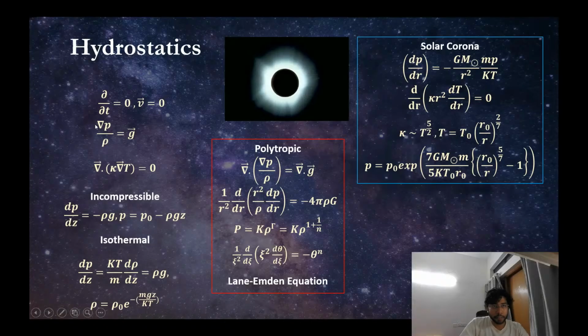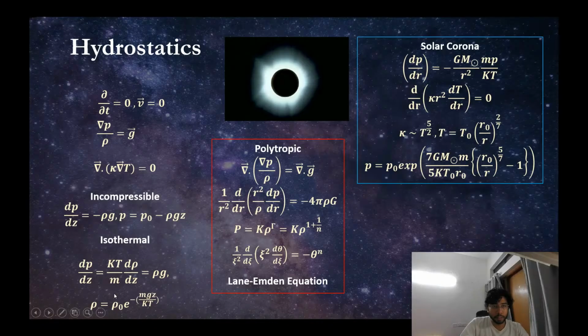Now, from this equation, we can assume that this is equal to rho g, right? So dP/dz is equal to rho g. Now, this is a differential equation in rho, so you can take the rho this side. So d rho by rho equals g m by kT dz, right? d rho by rho will become log of rho.